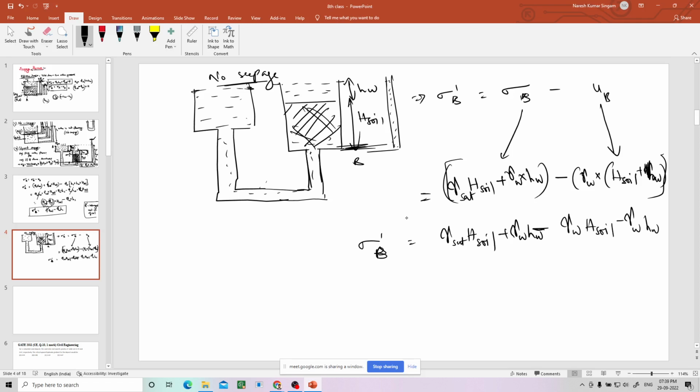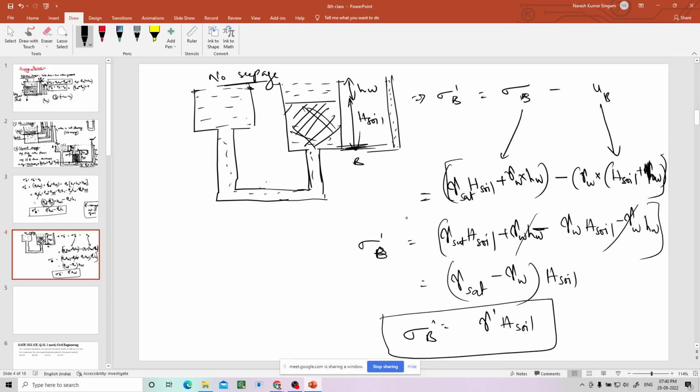This is HW. This gets cancelled. So gamma sat minus gamma W H soil. So it is nothing but gamma submerged H soil.